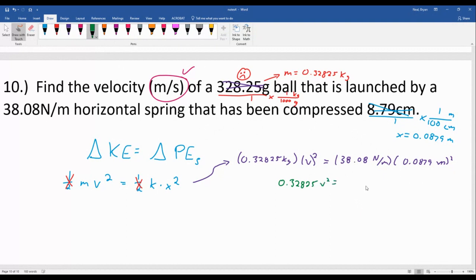So simplifying a bit on the left-hand side, there's not a whole lot I can do, but on the right-hand side, we can go ahead and multiply these things. Don't forget to multiply that second number twice because it has that exponent. All right, so that's going to be 0.29422, so on.